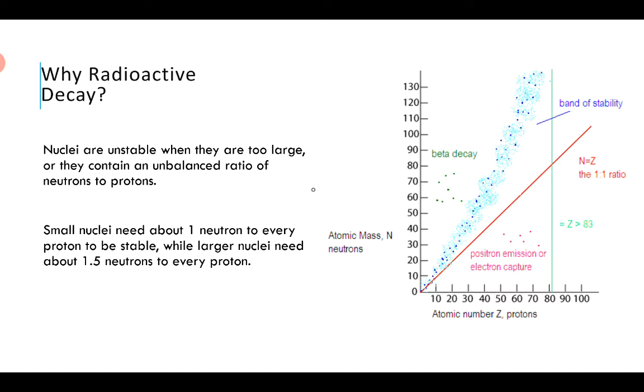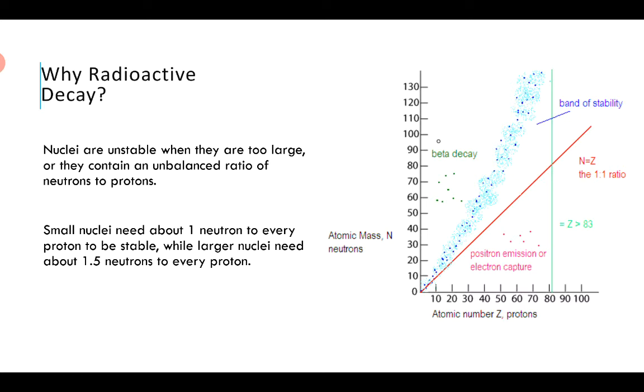Some students might be wondering, how will you know what mode of decay your element will undergo? How can you predict that? That's going to be more of a Chem 1A topic, but it's still very interesting to understand why some elements undergo beta decay and others undergo positron emission or alpha decay.